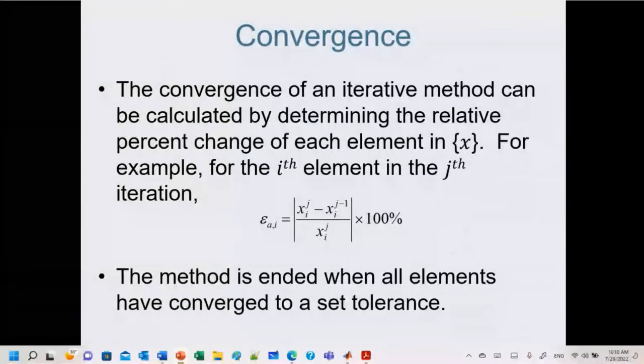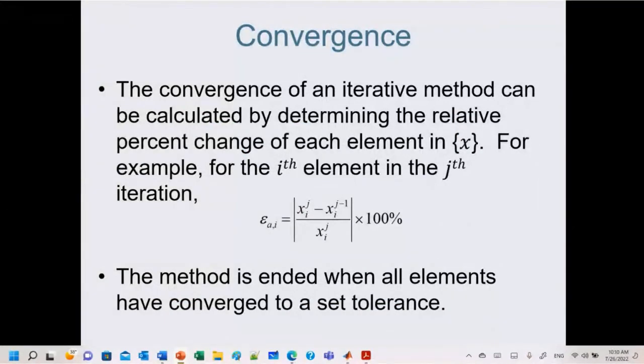Of course, the stopping criteria for such a process, because it is an iterative process, you are going to find the approximate error. Now, the approximate error, if you have x1, x2, x3, then you can find the approximate error for x1, for x2, and x3, because all of them are changing with each iteration.